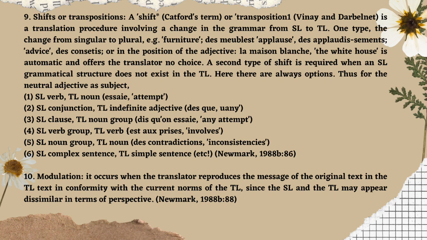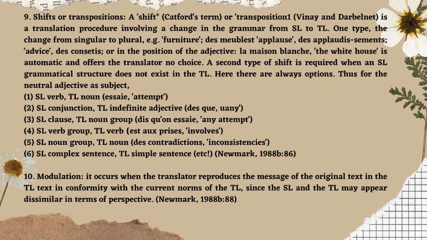Thus, for the neutral adjective as subject, the first SL verb, TL noun, for example, attempt. The second SL conjunction, TL indefinite adjective, for example, any. The third SL clause, TL noun group, for example, any attempt.